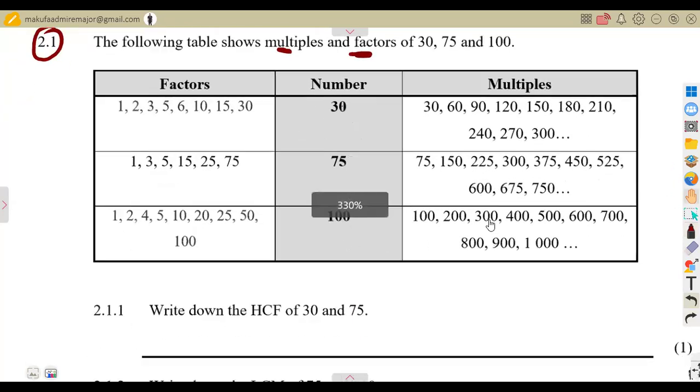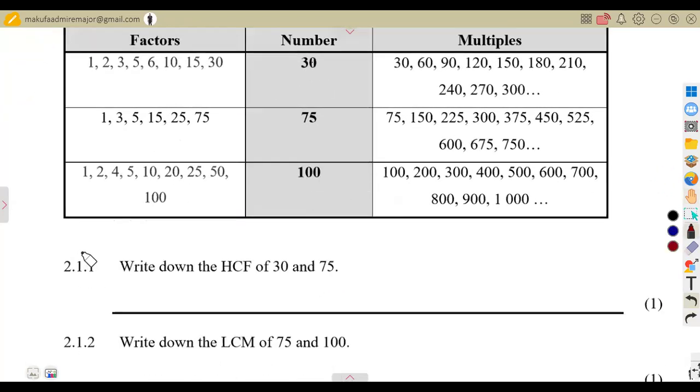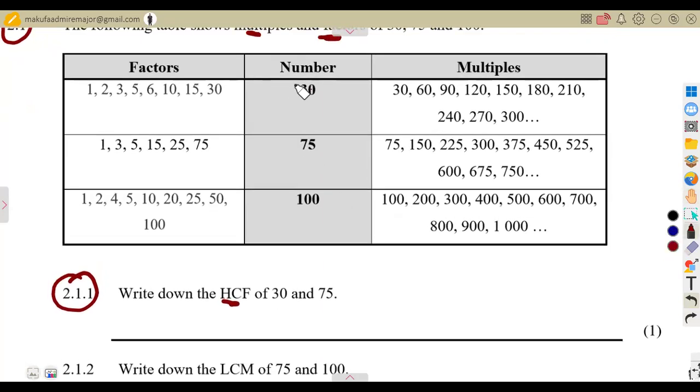What are we given? So the question is on 2.1.1, write down the highest common factor, which is the HCF of 30 and 75. Okay, so remember, we can determine the highest common factor by seeing the factors of these numbers. We are looking into 30 and 75.